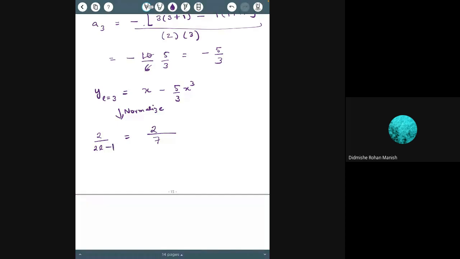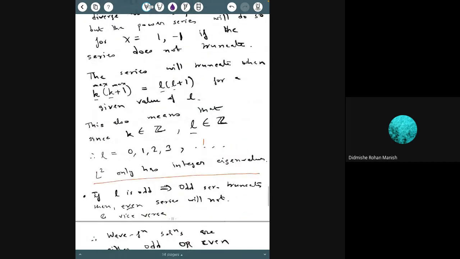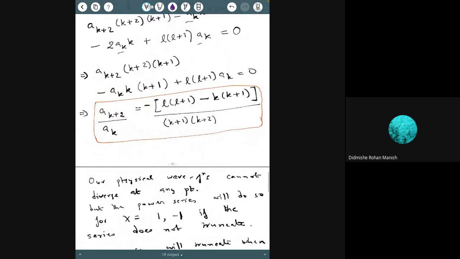So let me just correct that. Which means that this is 2 into 3, 6, 6 minus 1, 5. Yeah, so it's a convention and I messed up the conventions a little bit.